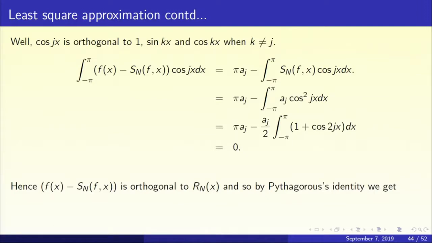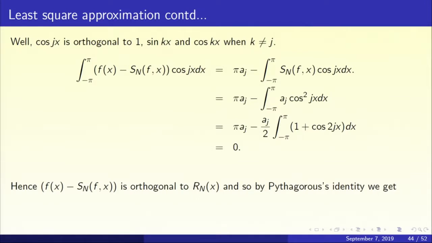That's exactly pi times aj, from the formula for the Fourier coefficient, remember? And the second piece is what? The integral from minus pi to pi of Sn f(x) cos jx. Now, Sn f(x) is a linear combination of sines and cosines, and cos jx is orthogonal to everything other than itself. So the only term that will survive in the second integral will be the aj cos jx term.